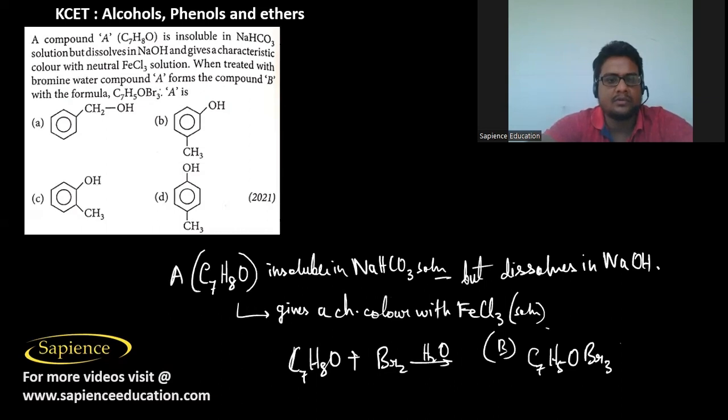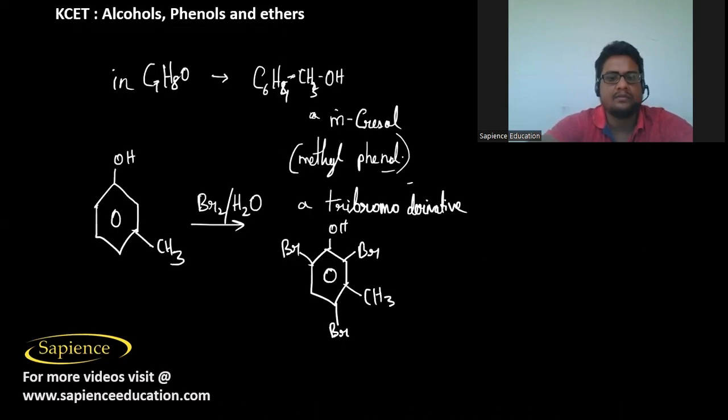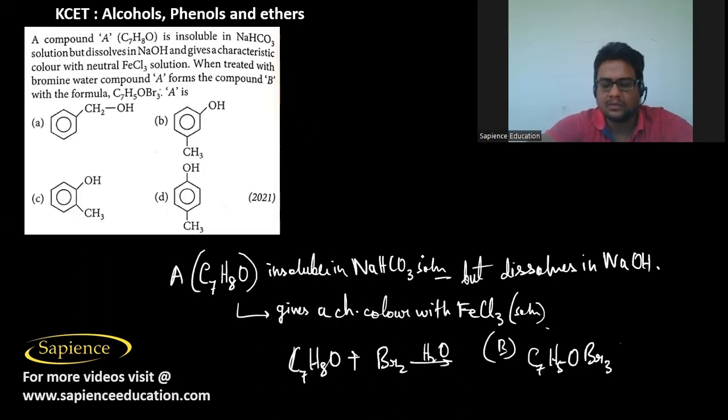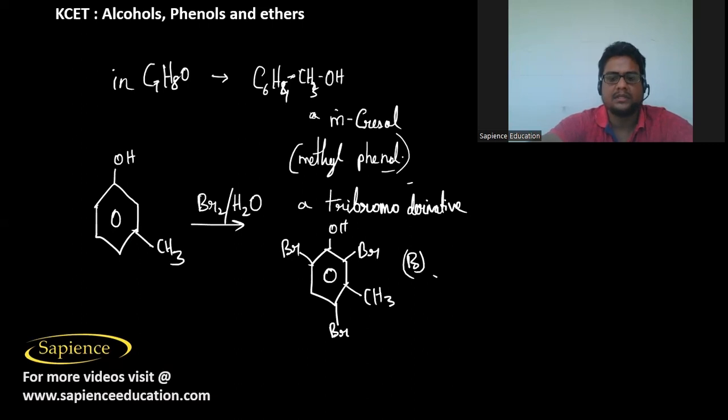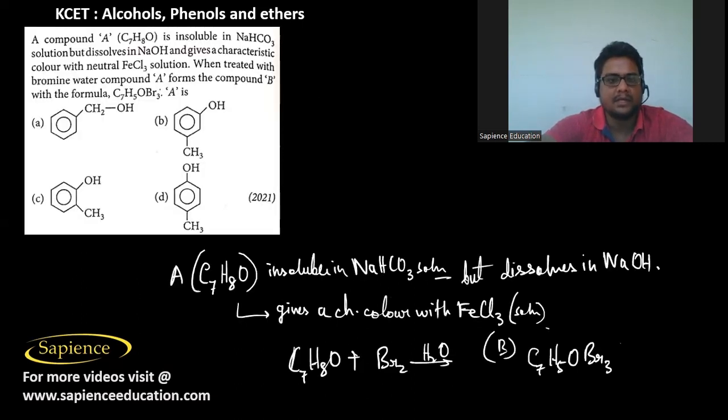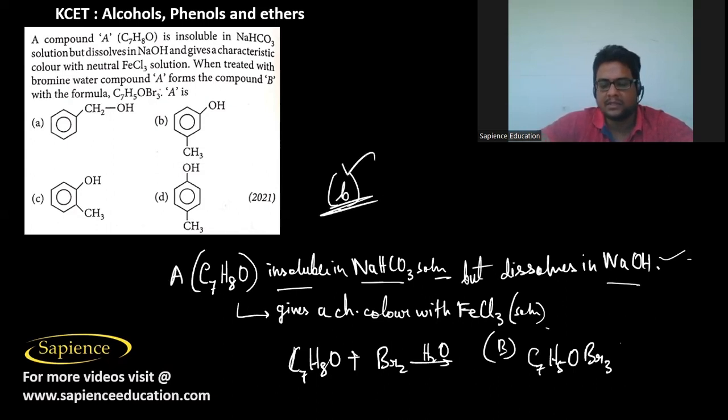This tribromo derivative is the compound B. And this meta cresol will be insoluble in NaHCO3, it will dissolve in NaOH, and it will give a characteristic color with FeCl3 solution. So option B is the correct answer.